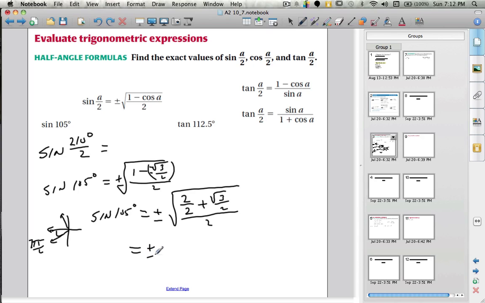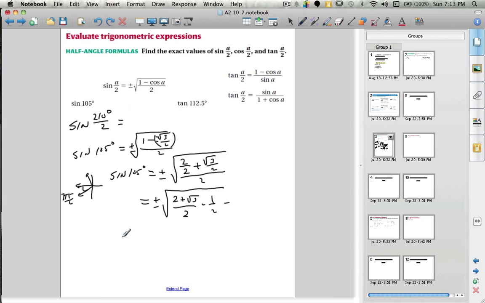And so it'll be plus or minus the square root of 2 plus root 3 over 2 times 1/2, which is going to be 2 plus root 3 over 4. So this is the square root, plus or minus. I know that my value has to end up positive, so it's not really plus or minus anymore.